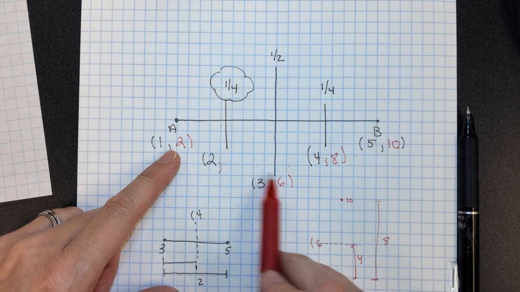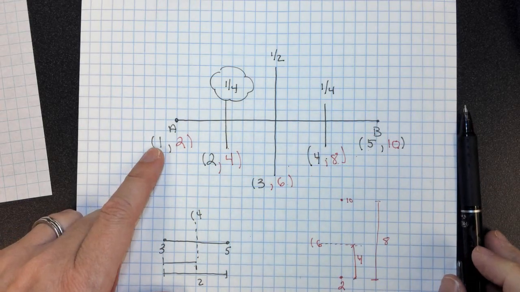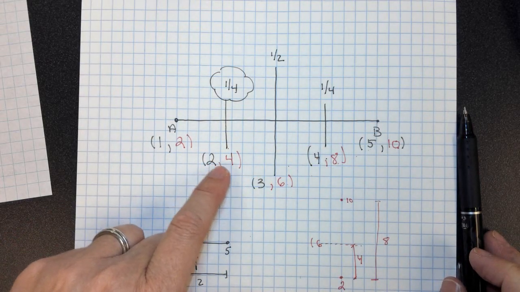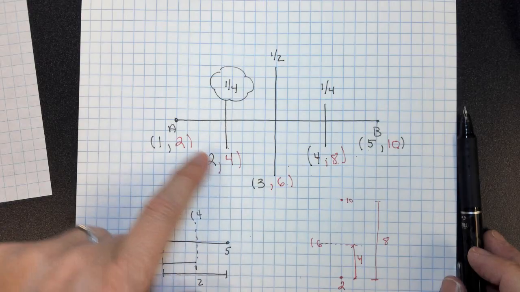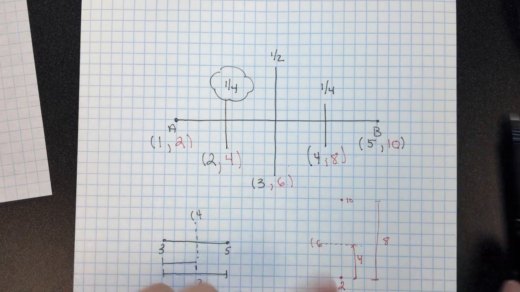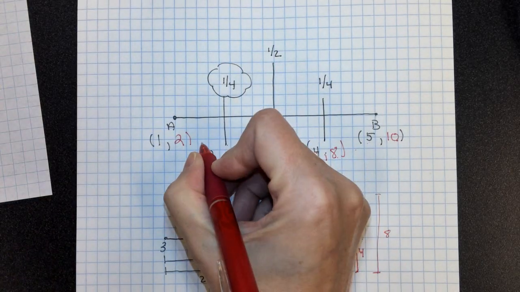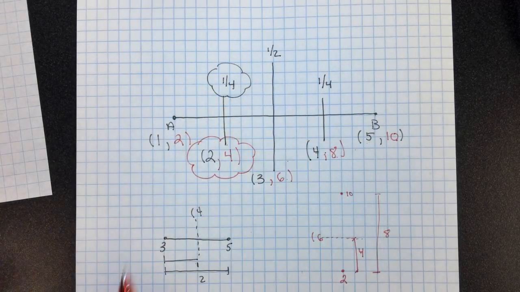Cut it in half is 2. Add it to 2, and you get 4. 1 plus 1 is 2. 2 plus 1 is 3. 2 plus 2 is 4. 4 plus 2 is 6. Remember, the jump doesn't have to be 2. It just so happened that it worked out that way. So again, our answer is (2, 4).